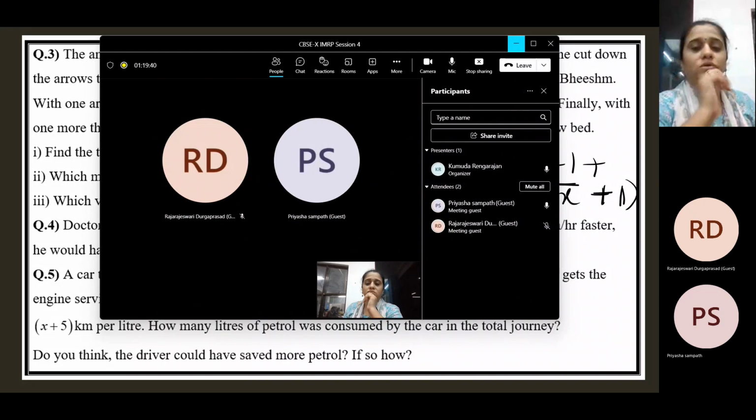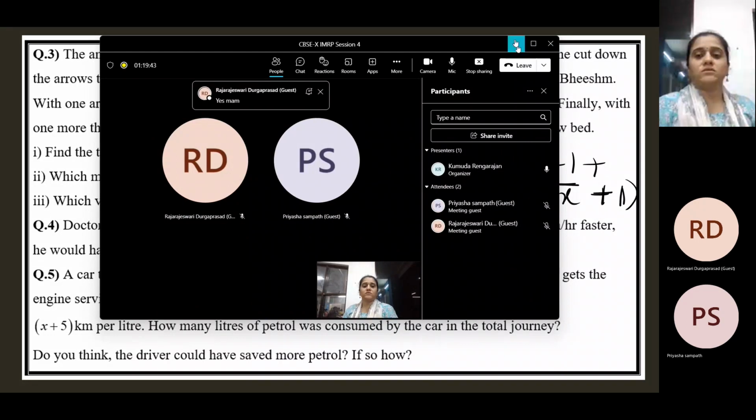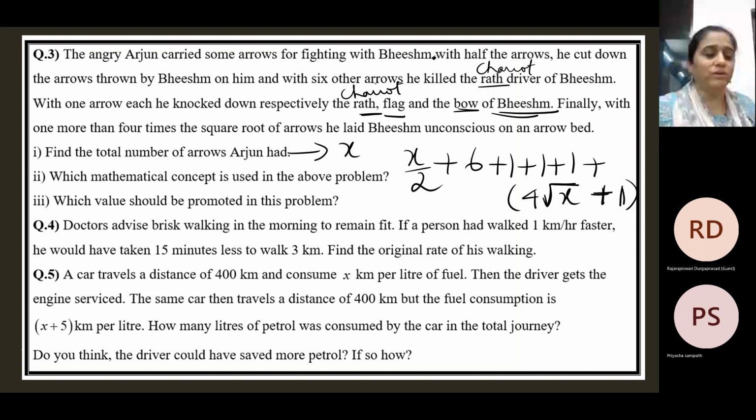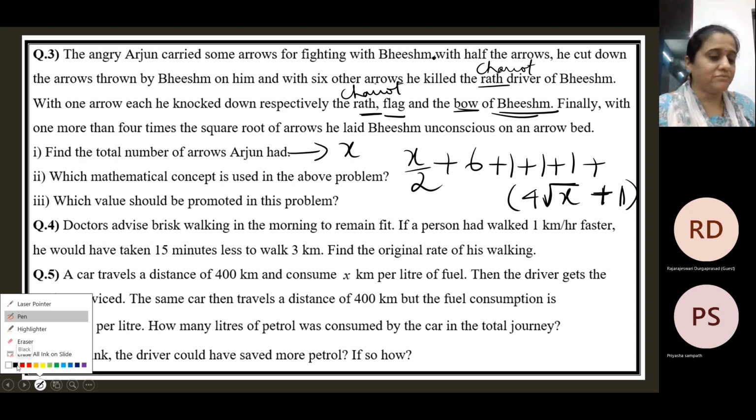Okay. So again, the third subdivision. I will not go into the epic, but the relation between Bhishma and Arjun is that of a grandfather and grandson.